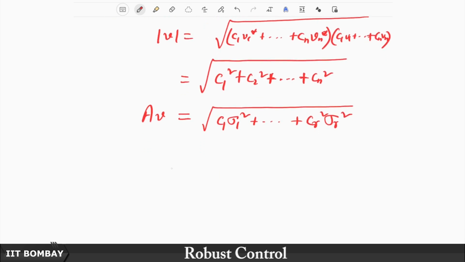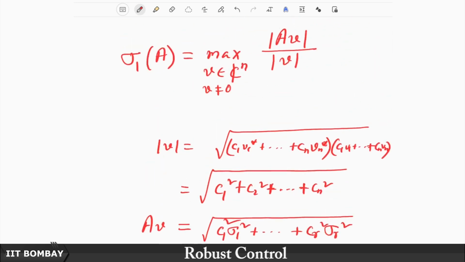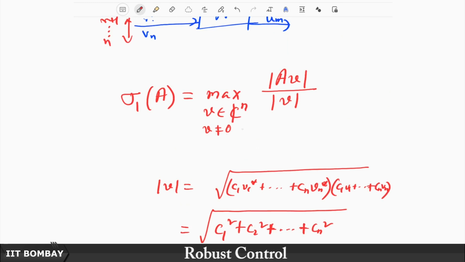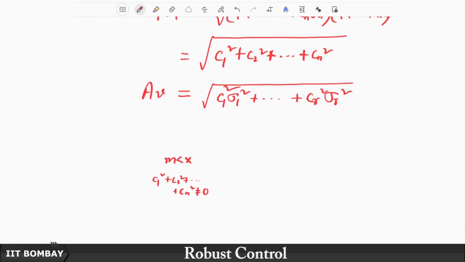So essentially this then boils down to the max over C1 squared plus C2 squared plus dot dot dot Cn squared not equal to 0. So it is not the 0 vector after all, that is the only assumption we have made when we said that this V is a non-zero vector.